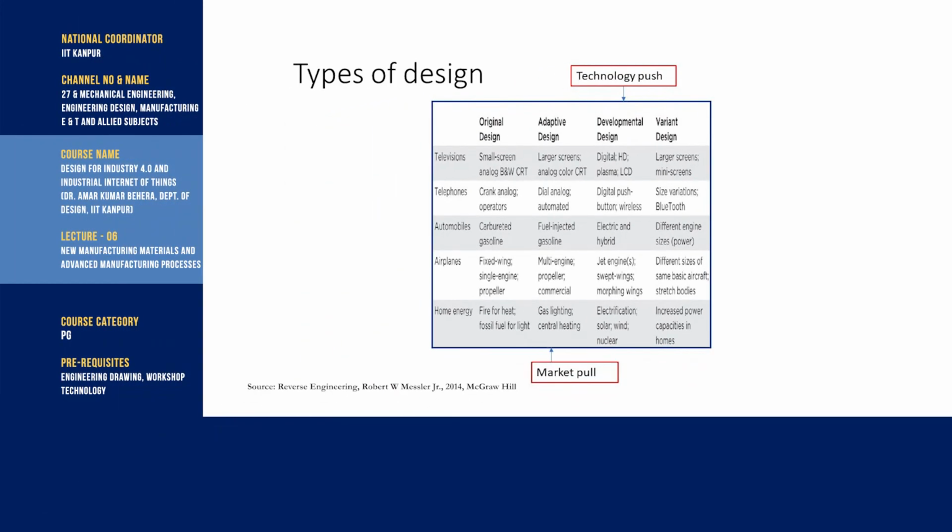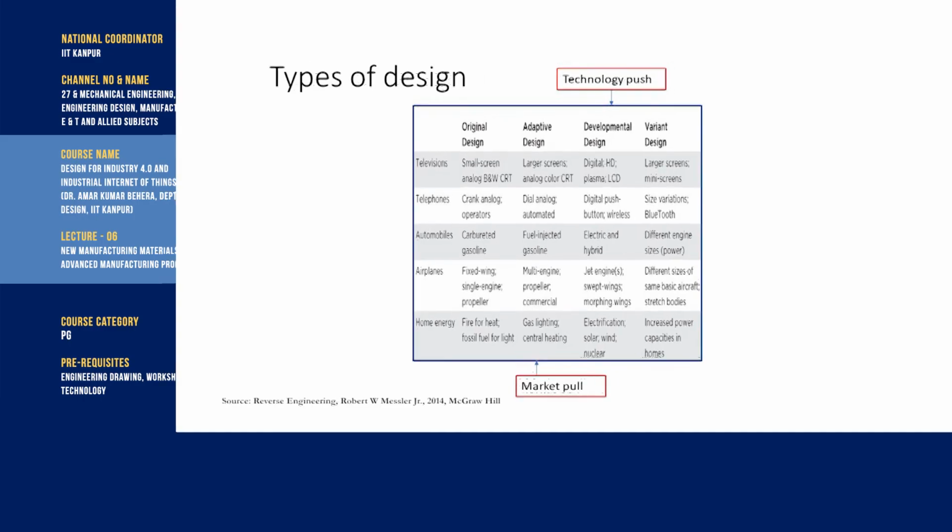Due to the technology push, your product gets upgraded. You are getting the same functionality, which is to see moving images on screen, and what happens is you use a new technology. So, digital TVs, HD TVs, plasma TVs, LCDs, OLEDs, all of these are technology push products.